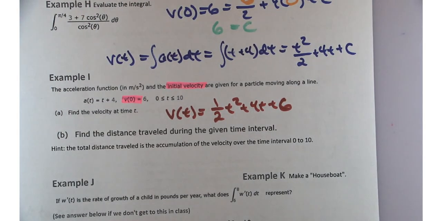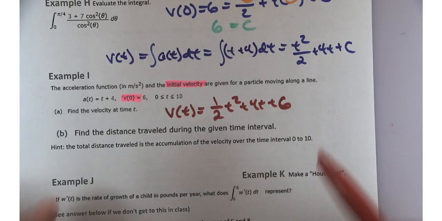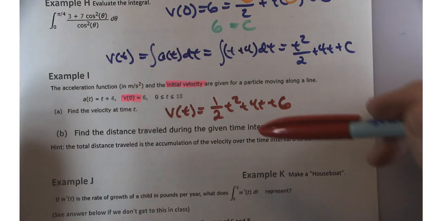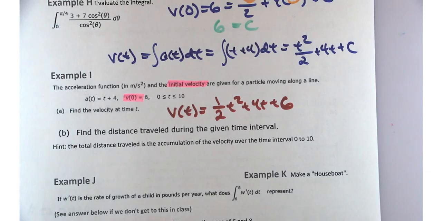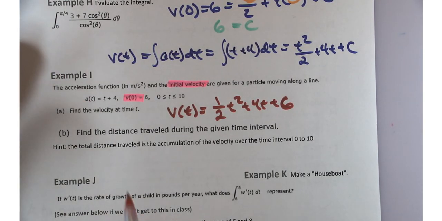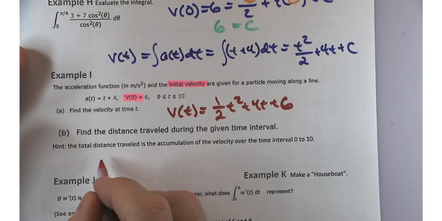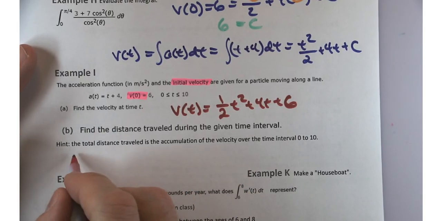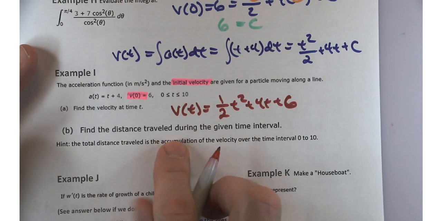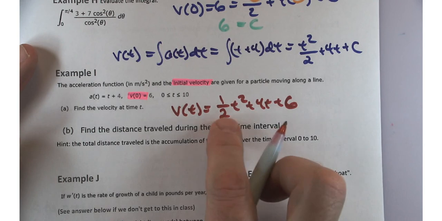Now if you want to find the distance that you travel in the interval from 0 to 10, then you're accumulating, you're adding up all these little distances. We did an example like that in section 5.1. We're going to do something similar to that here with this notation. If I want to find the total distance traveled, what do you think I'll do with this function?